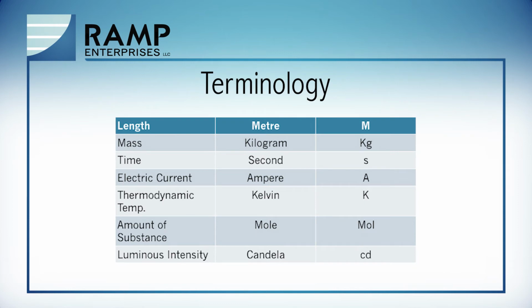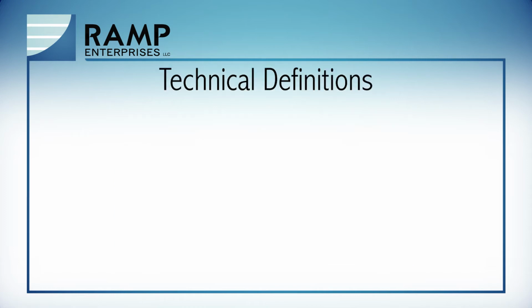17025 is a very technical standard. It is based on international units of measurement. These are the 7 base international units of measurement. The standard does allow for additional ones, but for the most part, they try to stick to these 7. There are technical definitions within the standard that are very important to master.